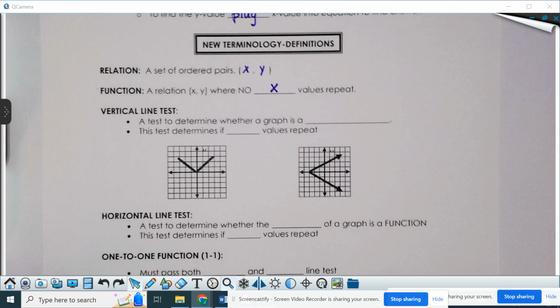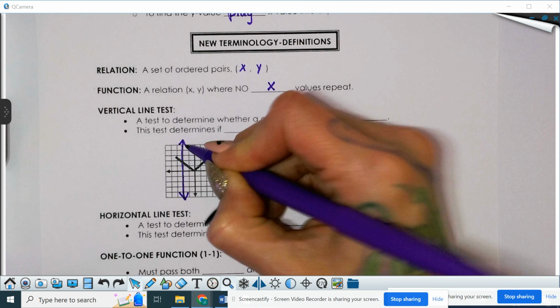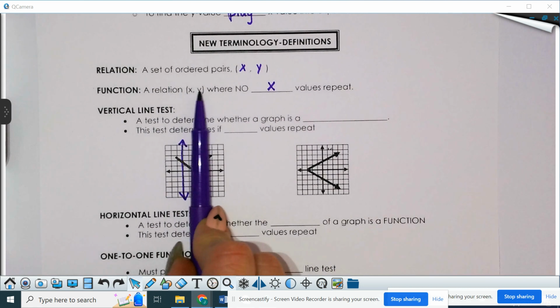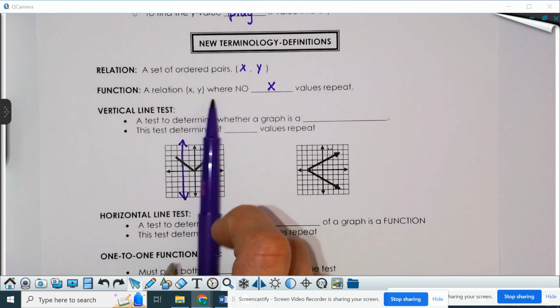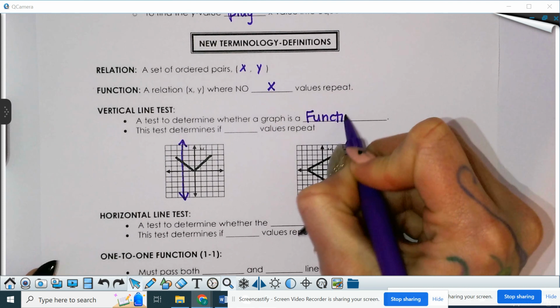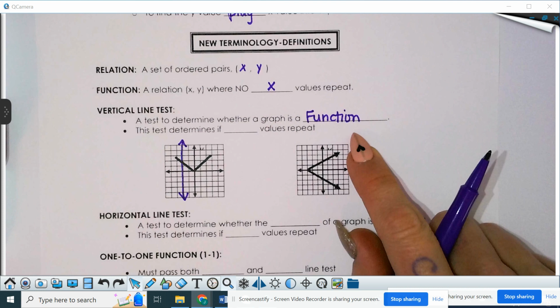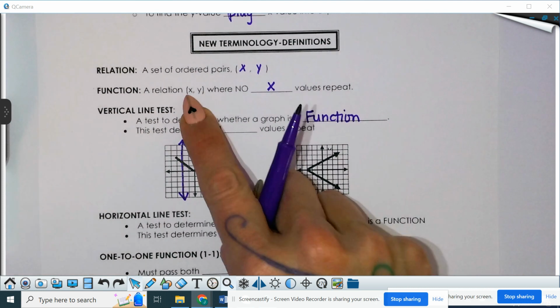Vertical line test. So that's where we're doing one of these. Hopefully maybe one of your teachers along the way has shown you with a pencil where you're going like this and you're going to touch. And the test determines whether a graph is a function. So whether it goes from a relation to a function. So relation is super vague. Function is starting to get a lot more detailed. Function means that the x value does not repeat.